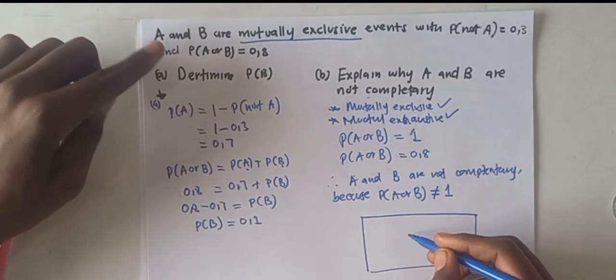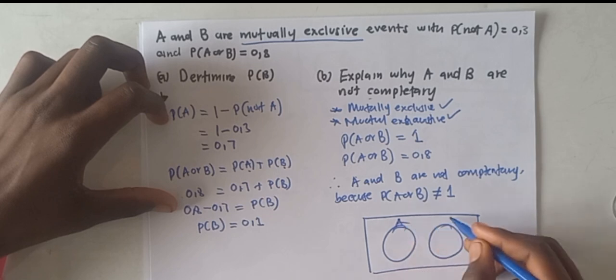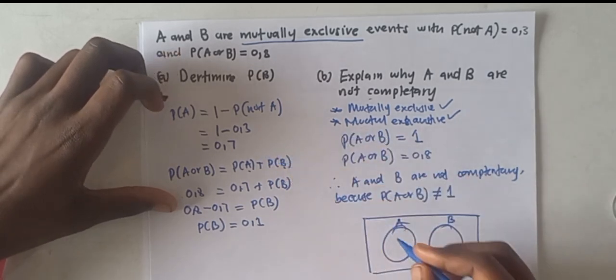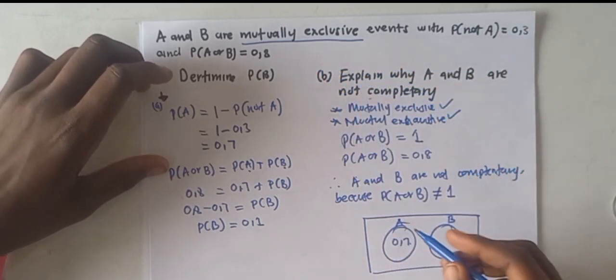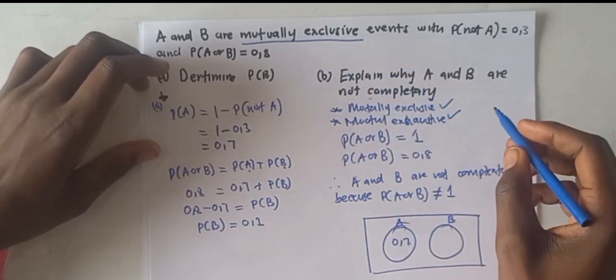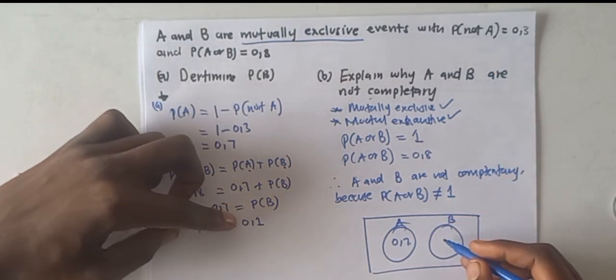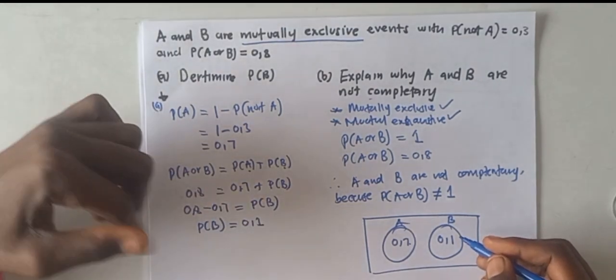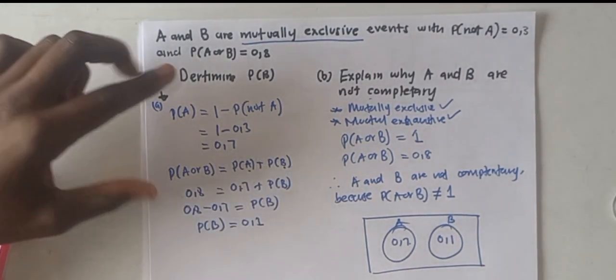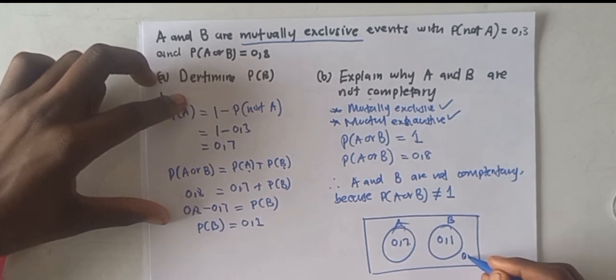It does not have an intersection, which means you can show them using a Venn diagram with A and B. A is 0.7, and B is 0.1. And then for the probabilities, the total has to be equal to 1, which means there will be something outside, there will be 0.2 outside.